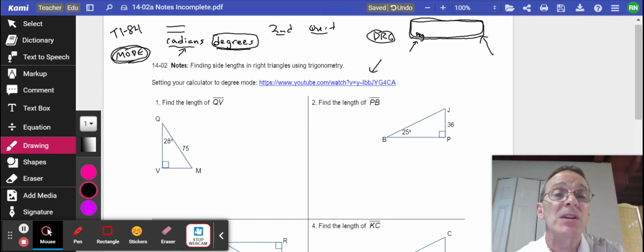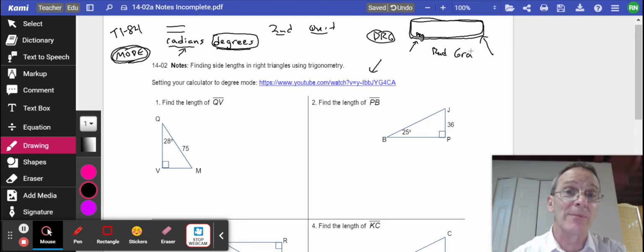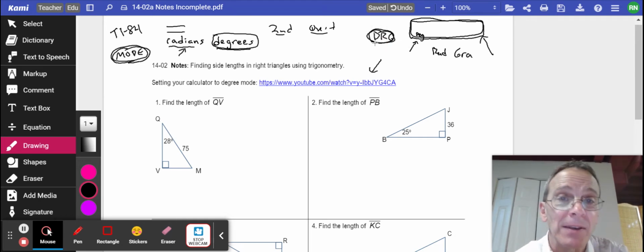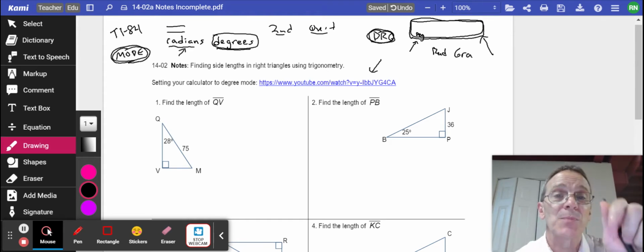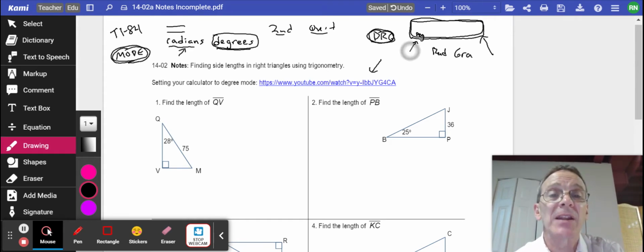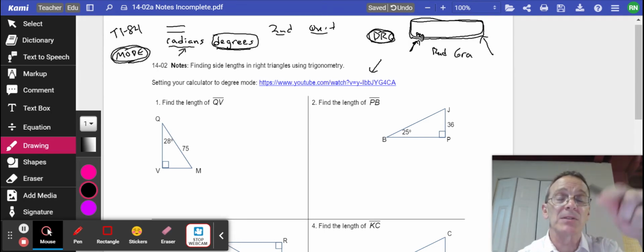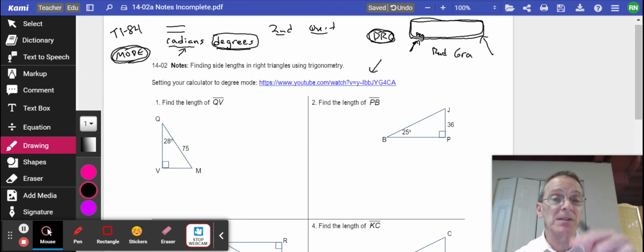It might say DEG, it might say RAD for radians, and it might say GRA for this other way of measuring angles. But how do you change that if it doesn't say DEG? There's probably a DRG button on that calculator, and if you press that, the setting will cycle through degrees, radians, and gradians. You can keep pressing that button until you see the DEG show up, and then it's in degree mode.